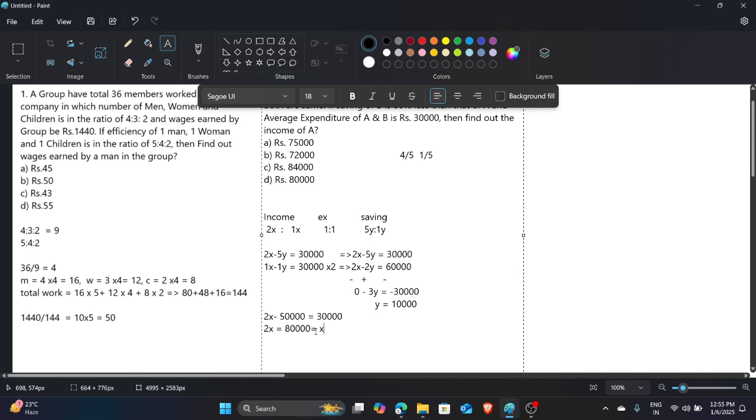It means the x value here is also the same. Okay, I don't know what mistake I had done here. Now if the x value is this, then the expenditure of A is, similarly here, this. Okay, so the answer D is correct.